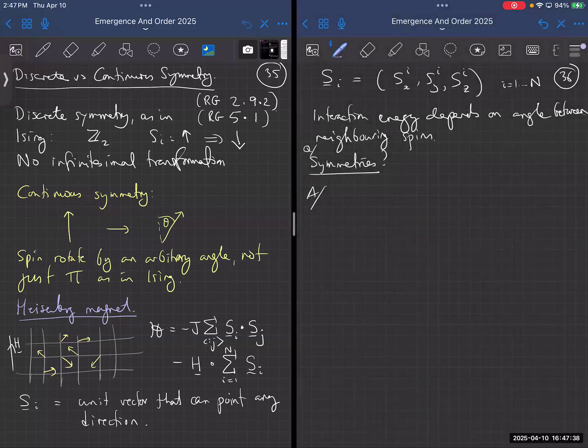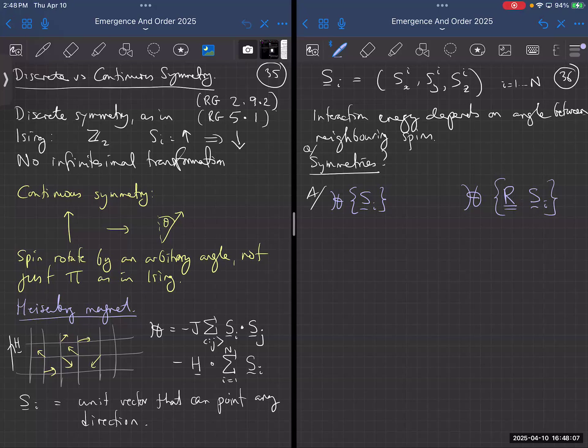So suppose I took a configuration of the system defined by all the set of S_i's, and then I now take a rotation matrix acting on each of the spins. And I rotate all the spins by 33 and a third degrees. Okay, so they all go around in this direction or in this direction or something like that.